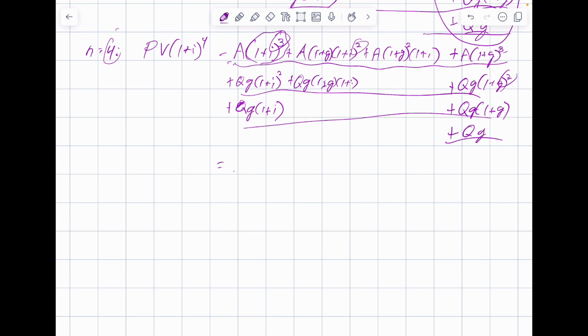So this first term remains the same, A 1 plus I to the third. The second term, we'll take the 1 plus I to the third out of this term, so the 1 plus g remains.